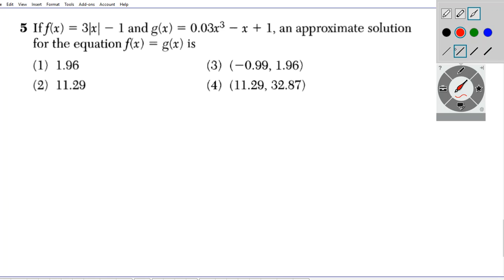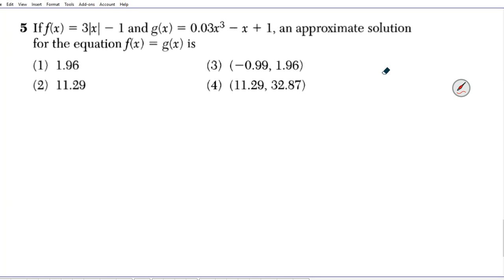So let's start by reminding ourselves what the meaning of a solution to an equation is. Okay? So recall the definition of a solution.